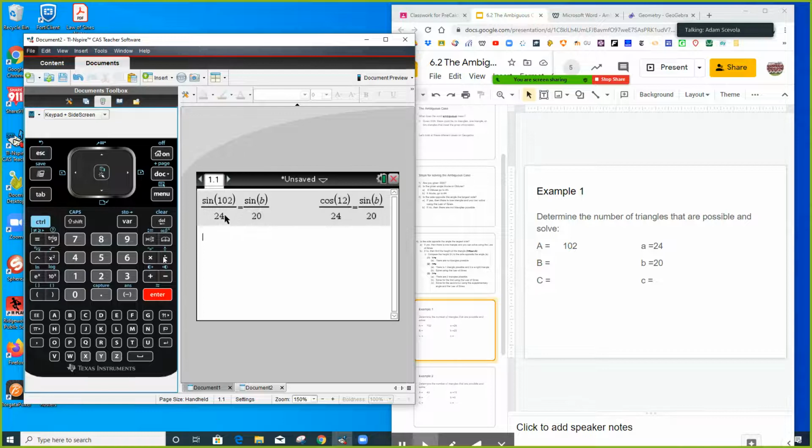Then we cross multiplied and got 20 times the sine of 102 equals 24 times the sine of B. If we then divided both sides by 24, we would get that. Now we have to evaluate this number here. We hit Control Enter just to get it as a decimal, and that's what the sine of B is equal to.